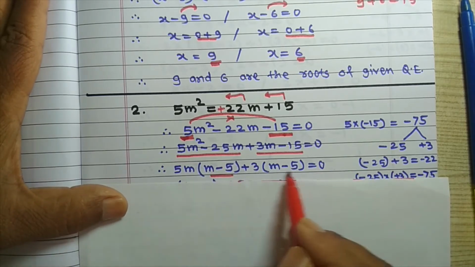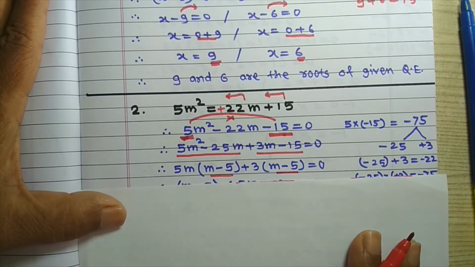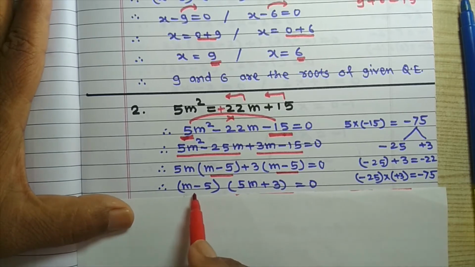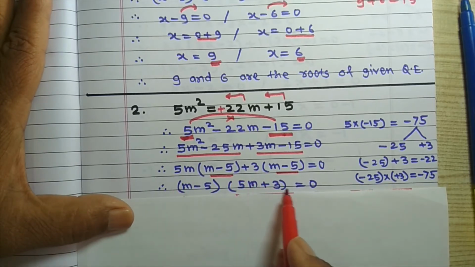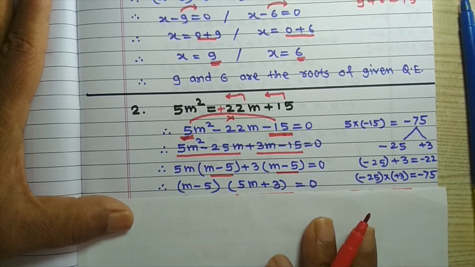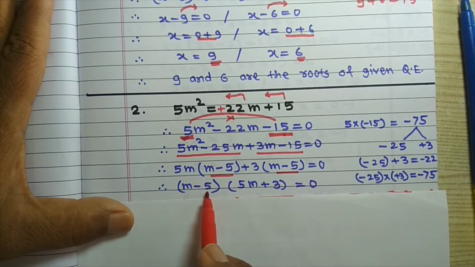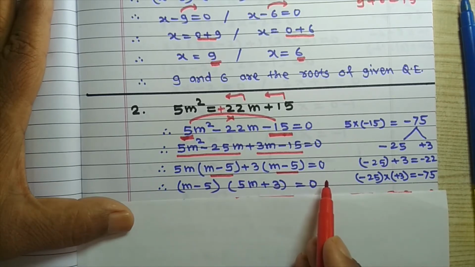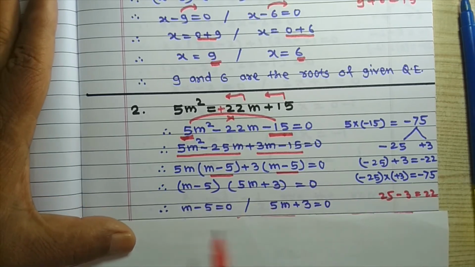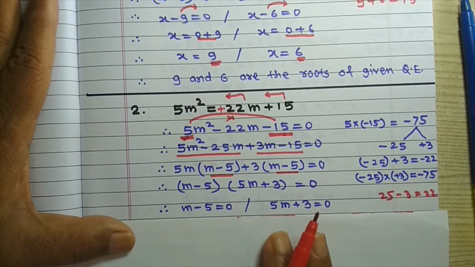Again, m minus 5 is common. We take m minus 5, and here 5m plus 3 remains, which we write in the second bracket, is equal to 0. It means this bracket is equal to 0 or the other bracket is equal to 0. m minus 5 is equal to 0, 5m plus 3 is equal to 0.